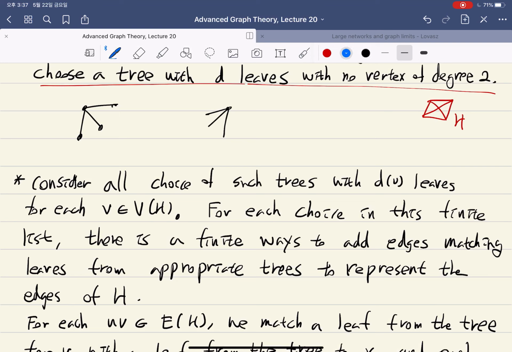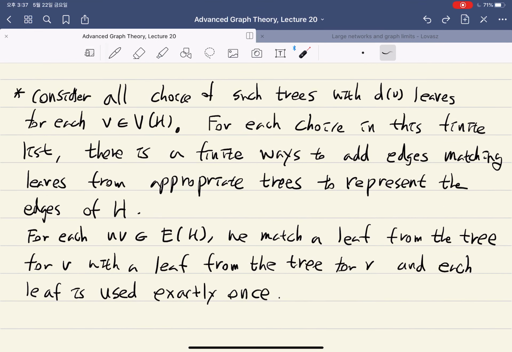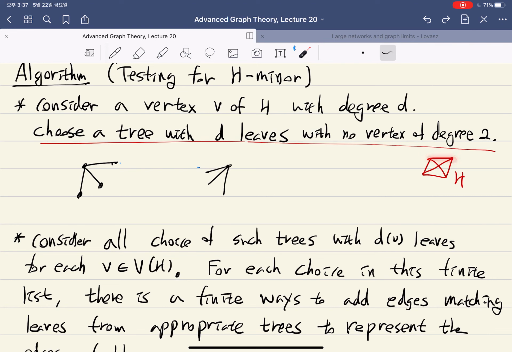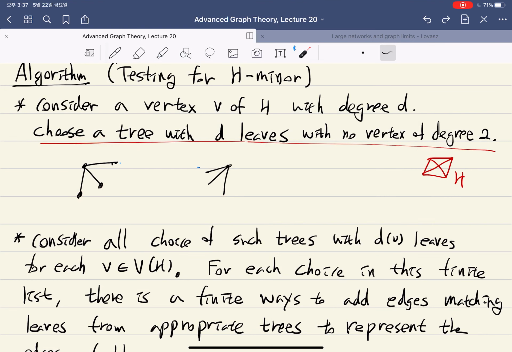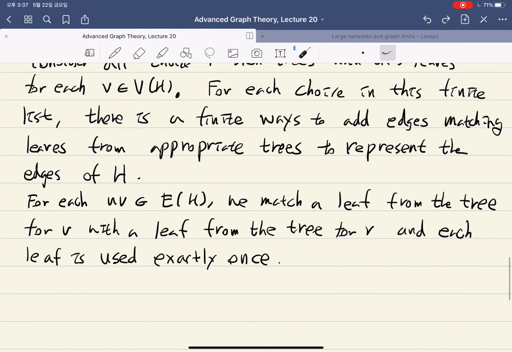Then the number of ways to add an edge between this and this is either this or this or this, or this or this or this, or this or this or this. There are 9 ways, right? So for each UV in H, now this is U, this is V, and this tree is chosen for U, this is chosen for V. Then we want to add an edge, either this or this. There are 9 choices, you choose one.